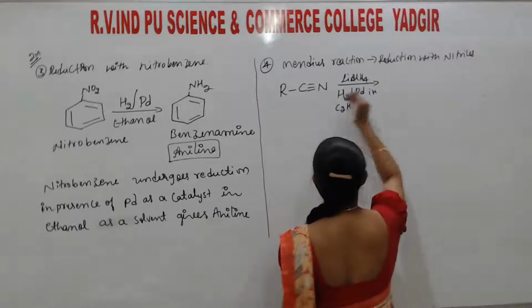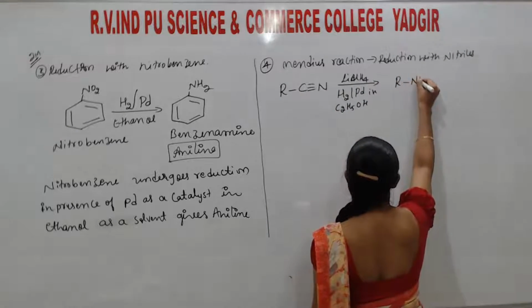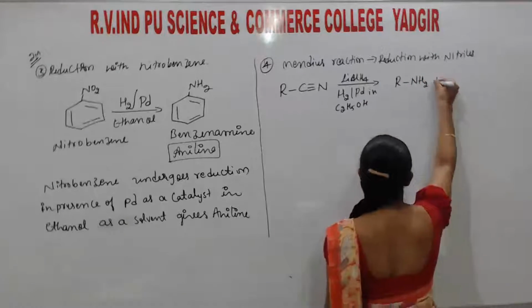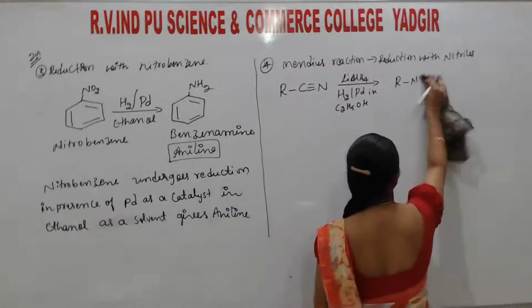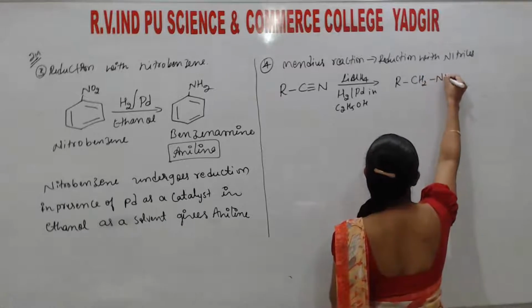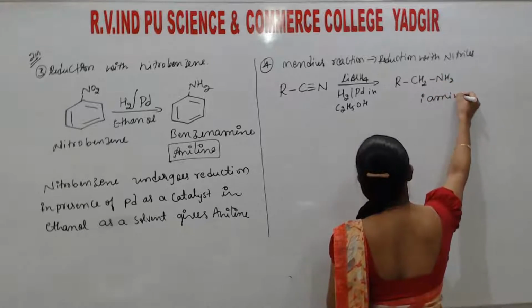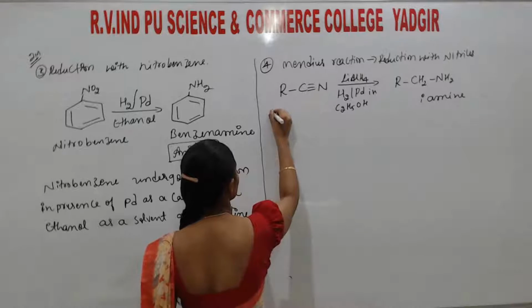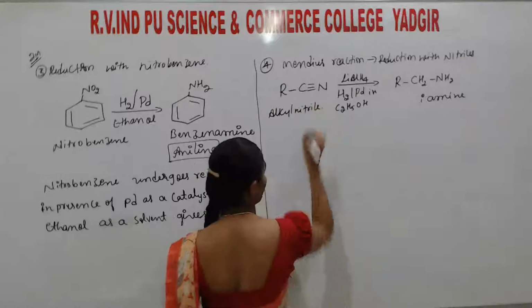Then of course double addition takes place and they form RCH2NH2, a primary amine. So this is alkyl nitriles.